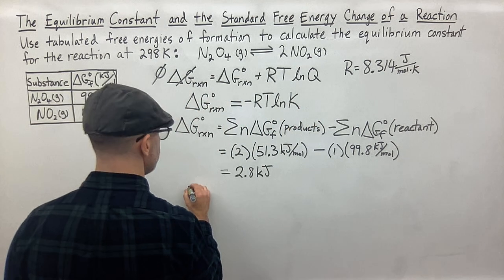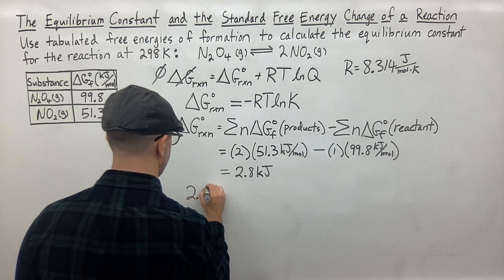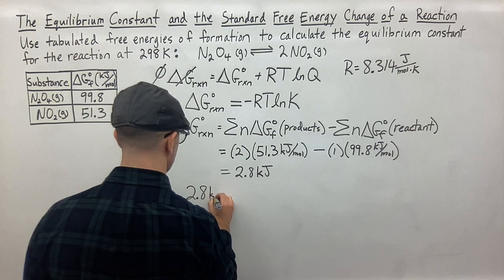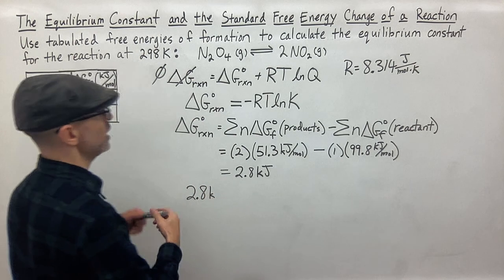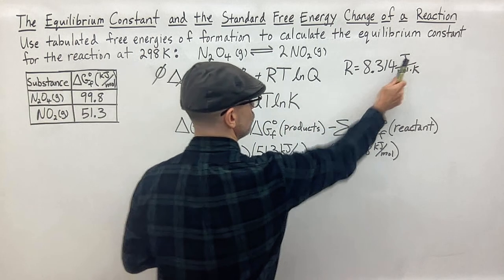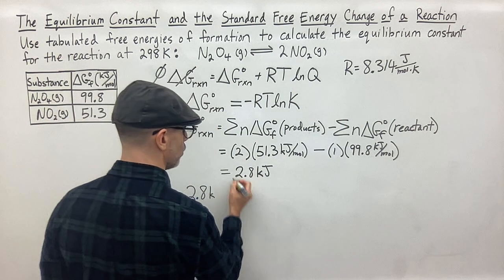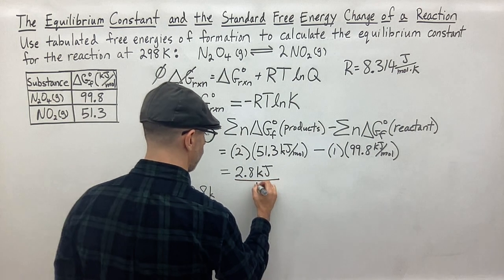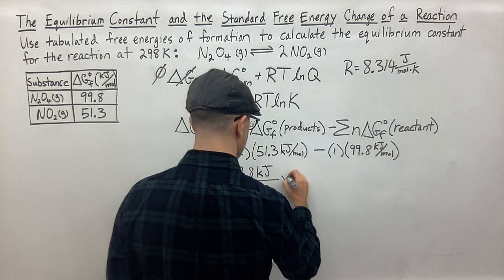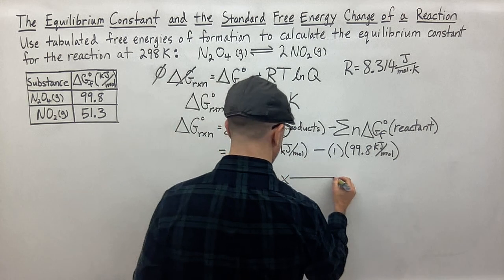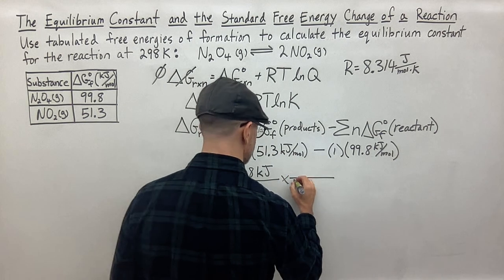The thing we need to remember is that R is in terms of joules, so we'll need to convert 2.8 kilojoules to joules. I'll put that over 1 and use my conversion factor. I know that 1 kilojoule is equal to 1,000 joules.